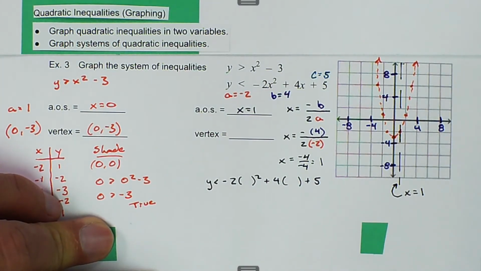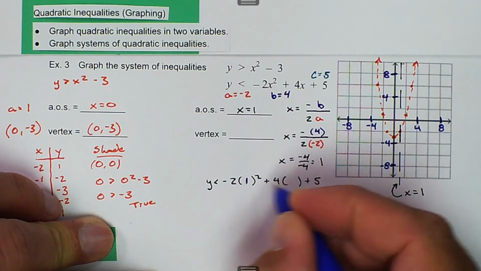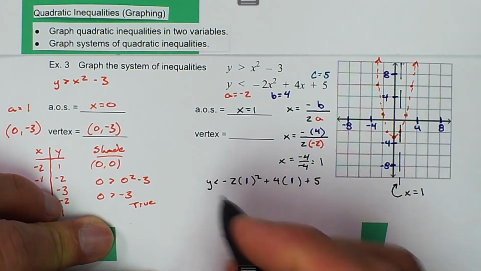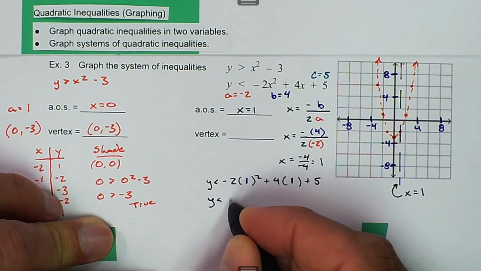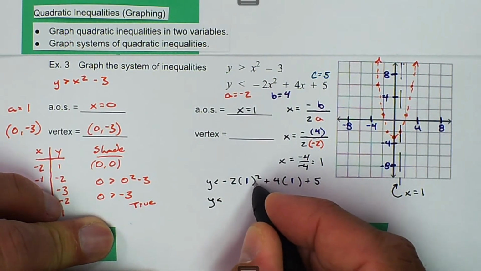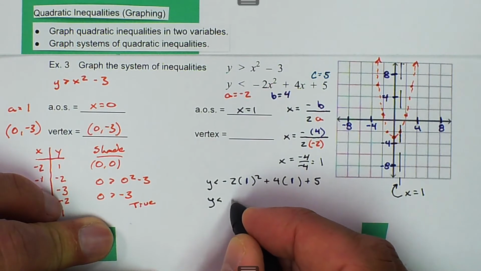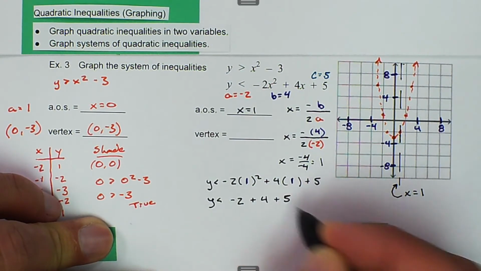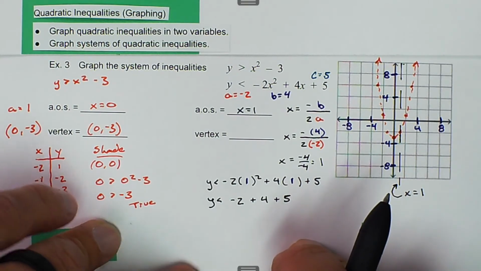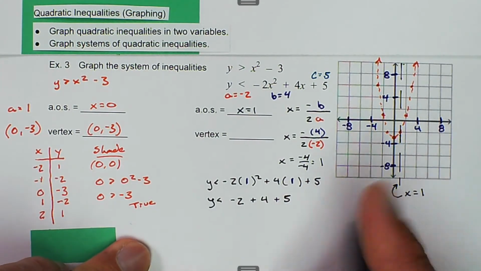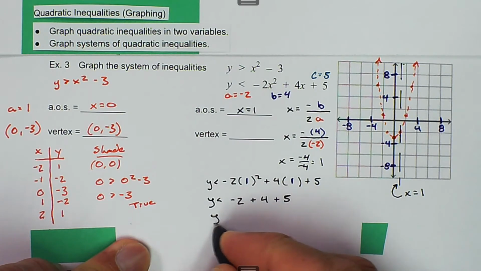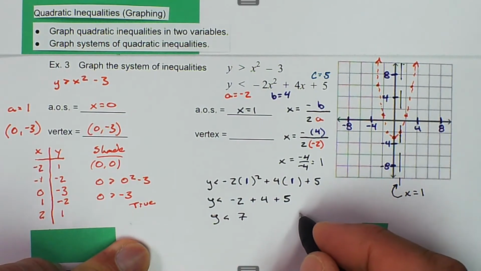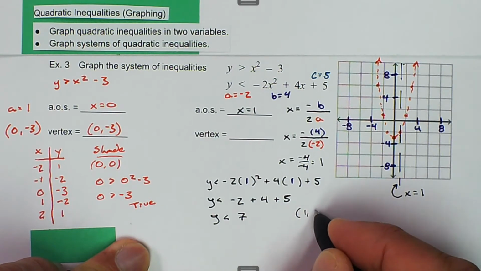And then we're going to substitute the 1 in. So we get y is less than 1 squared is 1 times negative 2 is negative 2, plus 4 plus 5. And then we get y is less than 7. So our vertex is the ordered pair 1, 7.